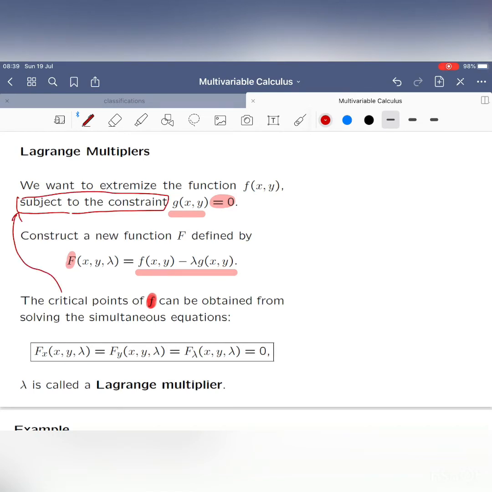The critical point of small f subject to this constraint is obtained by solving the equations capital F sub x, capital F sub y, capital F sub lambda equals 0. This lambda is called a Lagrange multiplier.